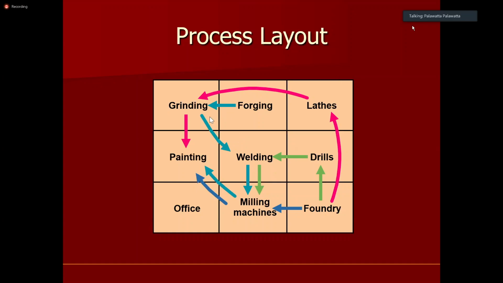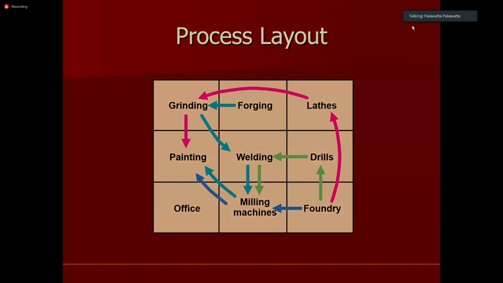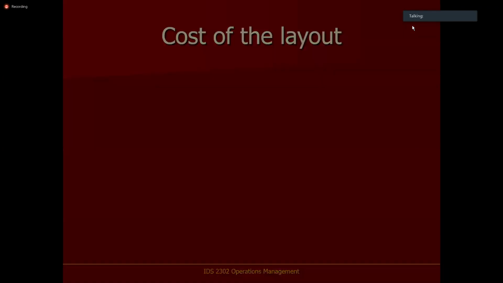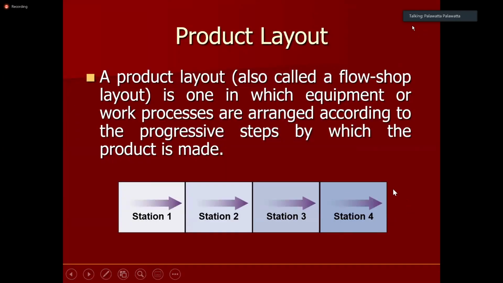You produce different products, and in the product layout, within a layout, you produce only one product. For example, here in this product layout, you produce one product, so a large batch of one product.